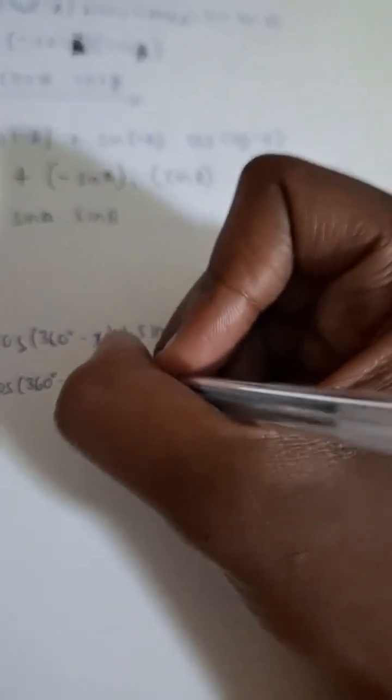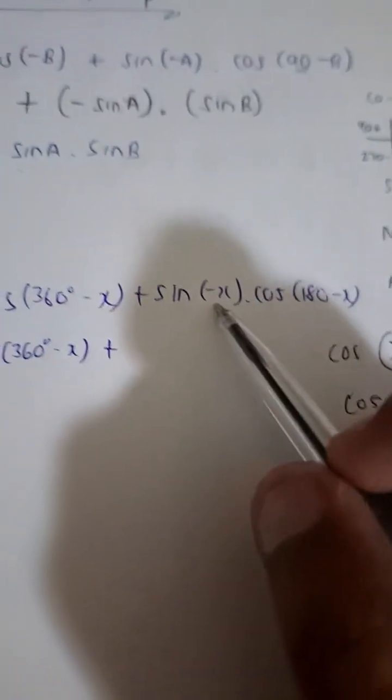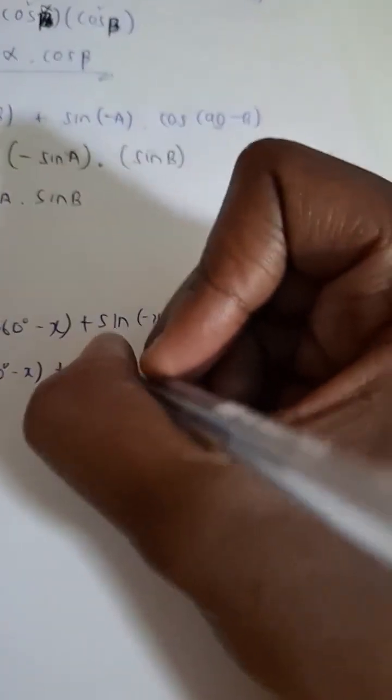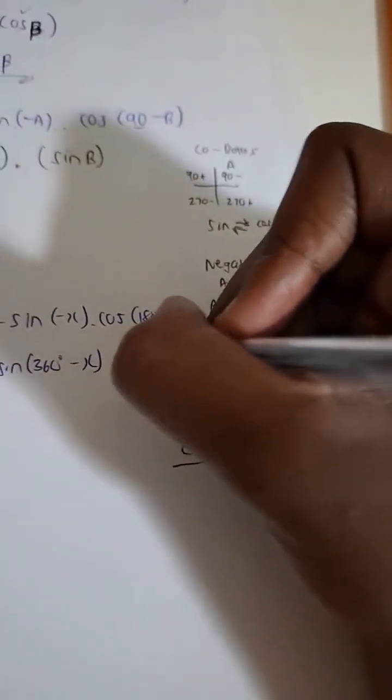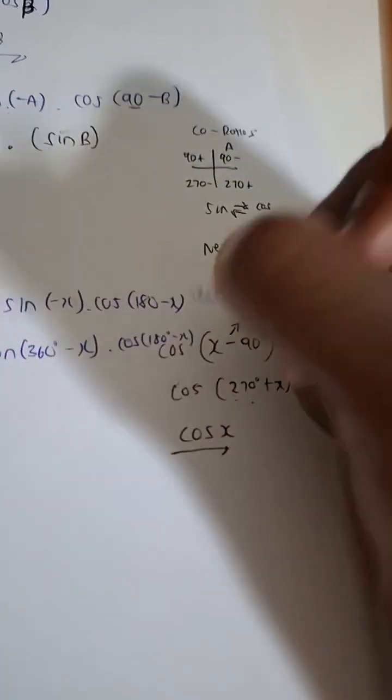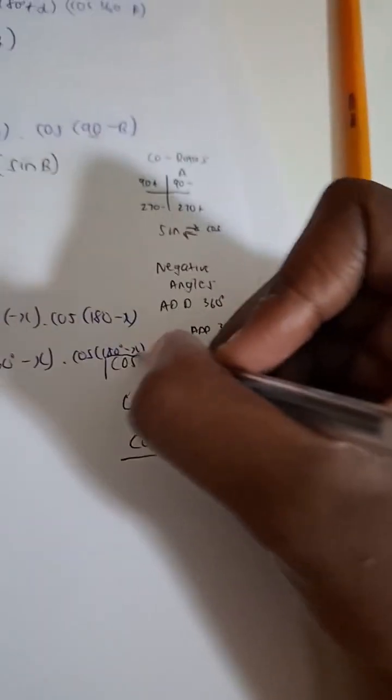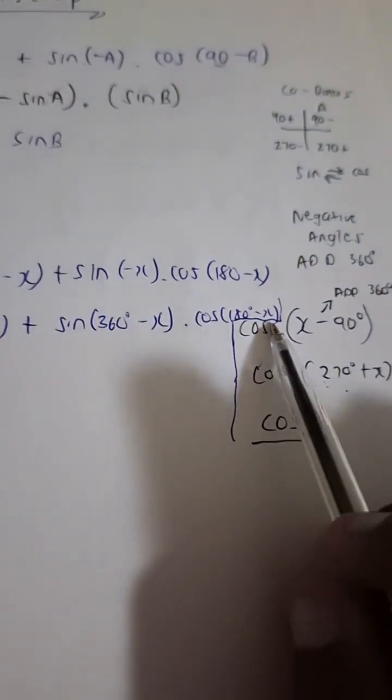Plus this one, obviously, negative angle. So what do we do to negative angles? We add 360, right? That's also now in the quadrant. And then cos of 180 minus x. Sorry guys, this one is interfering with what I had written as notes on the side, but I hope you guys can see this very clearly, right?